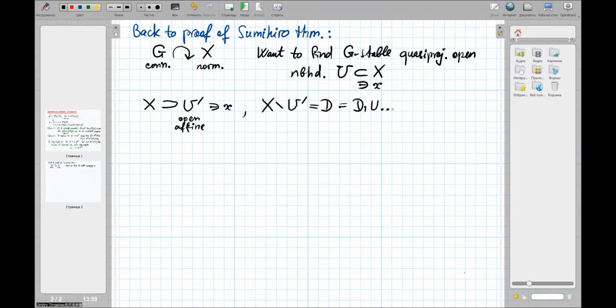Then by the normality property, we can say that these transition functions f sub jh are defined, nowhere vanishing, and invertible on the intersection of these two open subsets in the regular locus, in the smooth locus. But now, since the variety X is normal, the complement of the smooth locus has codimension at least 2.